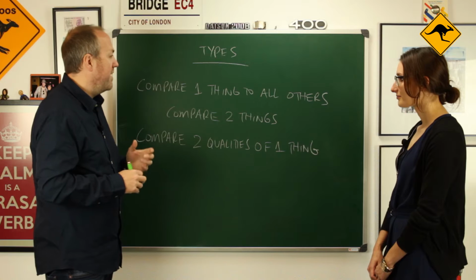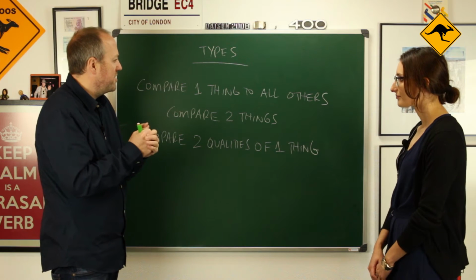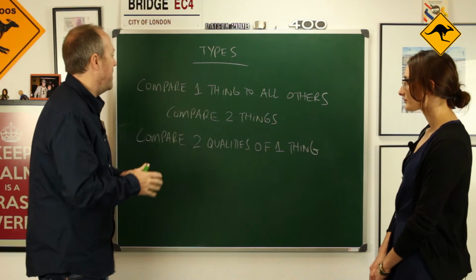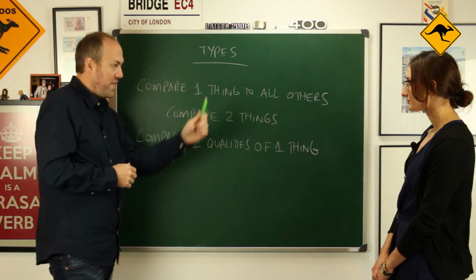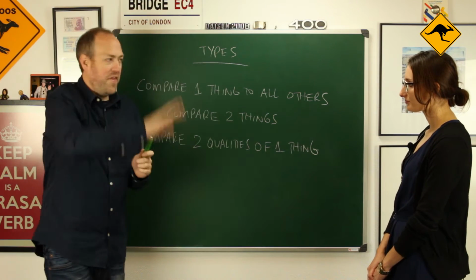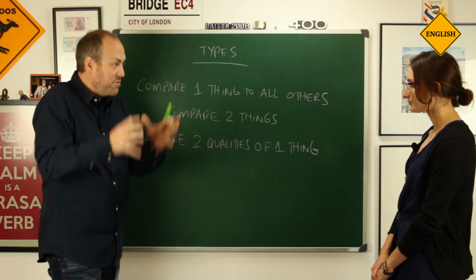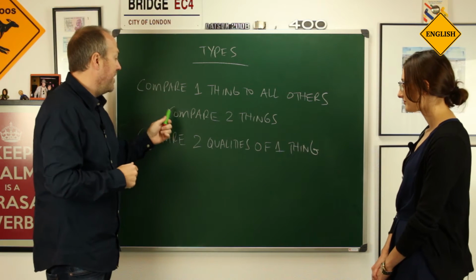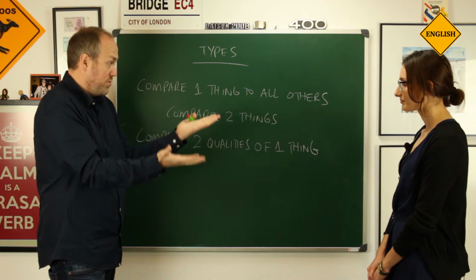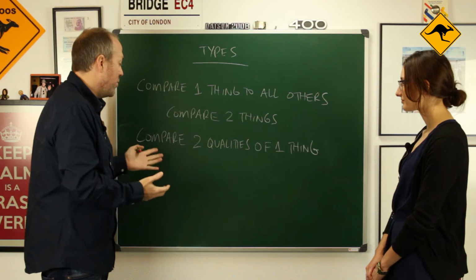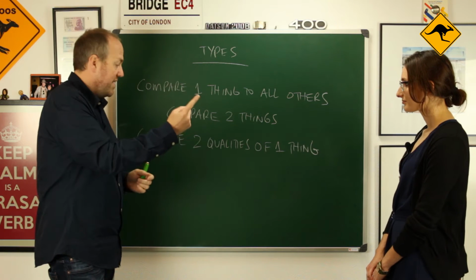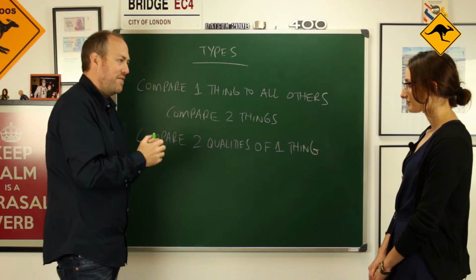But there are lots of different types of comparisons. So today we're going to learn about how to compare one thing to all other things, like in a category of things. We're going to learn how to compare two objects, two things, and we're going to compare one thing, but two qualities of one thing.